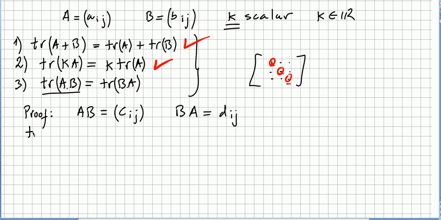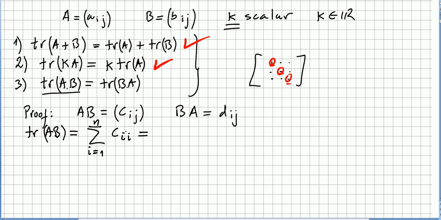So what is the trace of AB? The trace of AB will be the sum of c_ii, because we are talking about the trace, beginning in 1 and finishing in n.